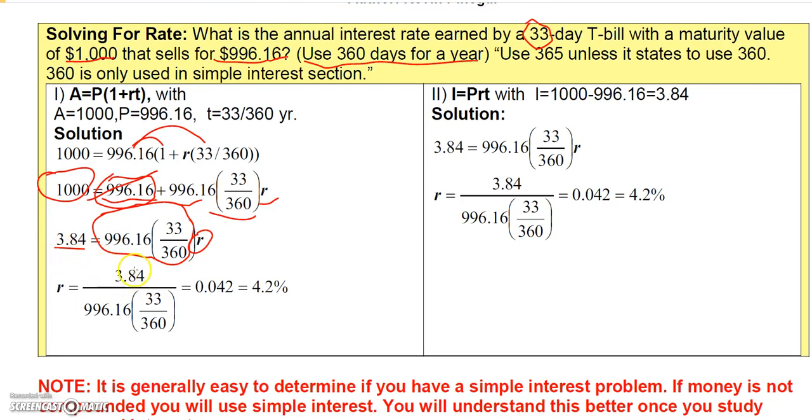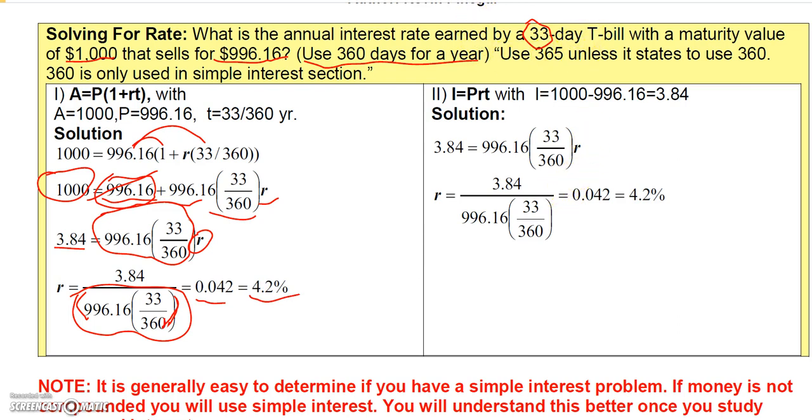So take 3.84 and divide it by that expression. Now if you do this on a calculator, make sure you put this part in an outer set of parentheses. Okay, so anyway, I got 0.042, which in percent would be 4.2%.